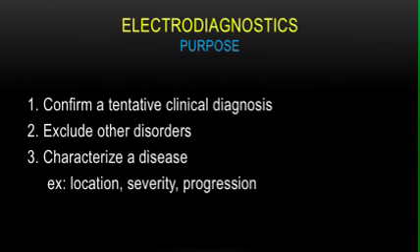The basic purpose of electrodiagnostics, and later on towards the end of the talk, I'm going to talk a little bit more about pertinent things in regards to what are appropriate nerve testings that you guys come across as far as authorizing or questioning whether it should be done. But the basic purpose of electrodiagnostics is either to confirm a tentative clinical diagnosis.